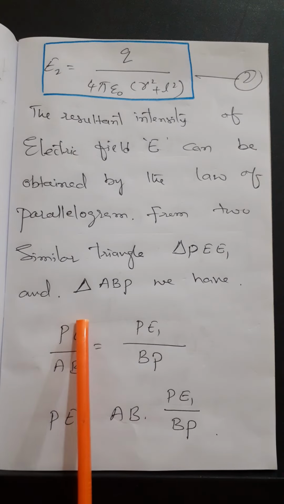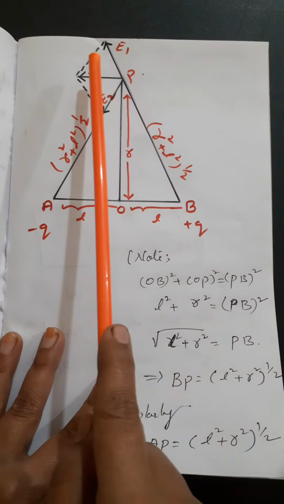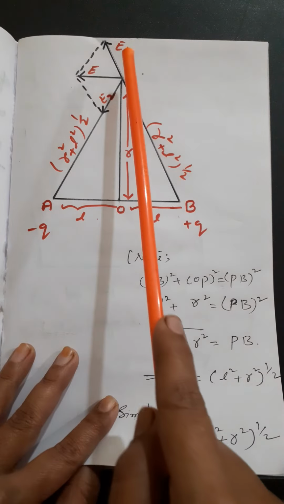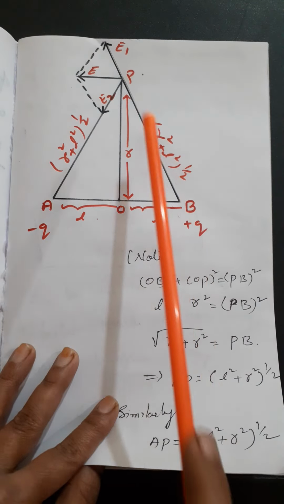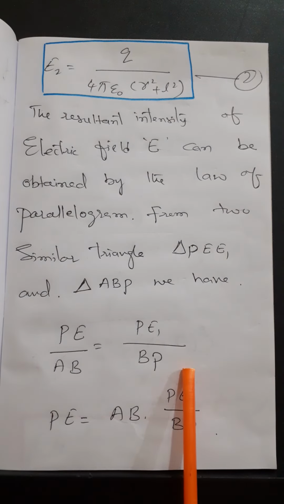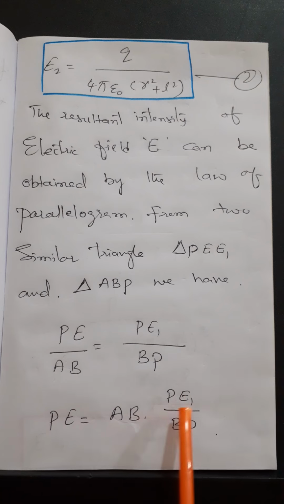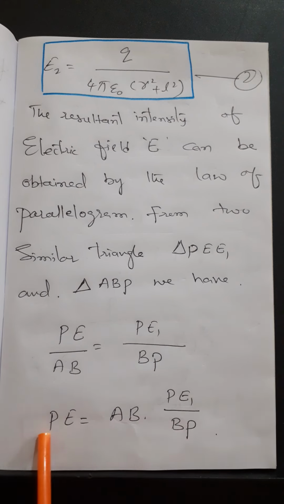So by that property, I can write PE by AB is equal to PE1 by BP. So PE is equal to AB times PE1 by BP. Here PE is one component and this is another component.